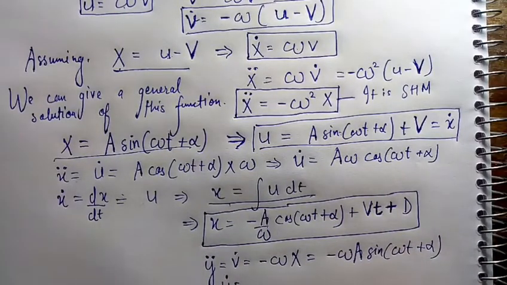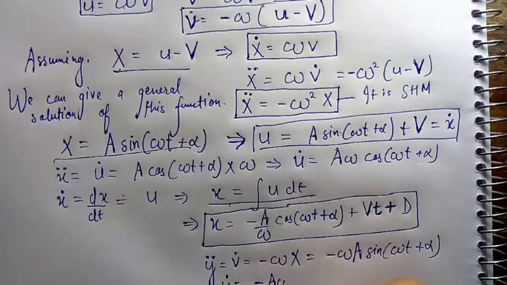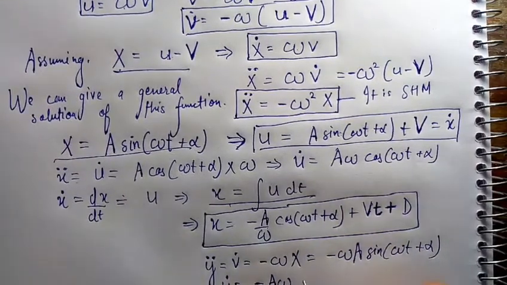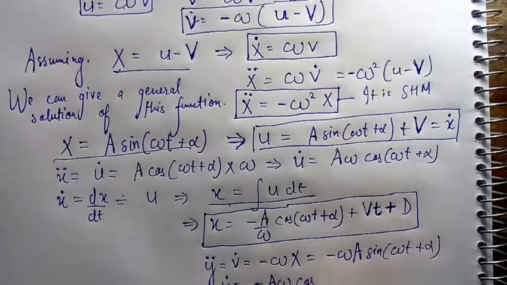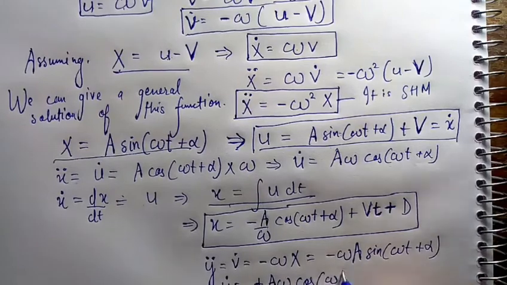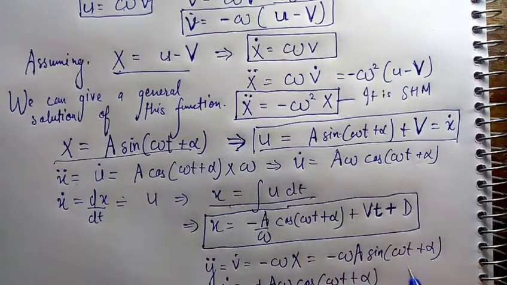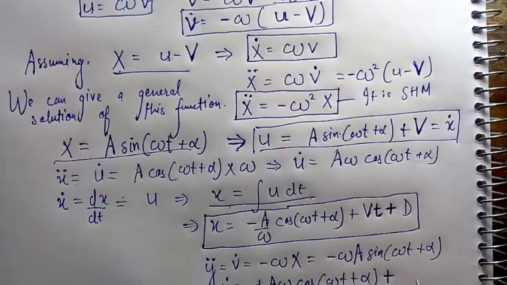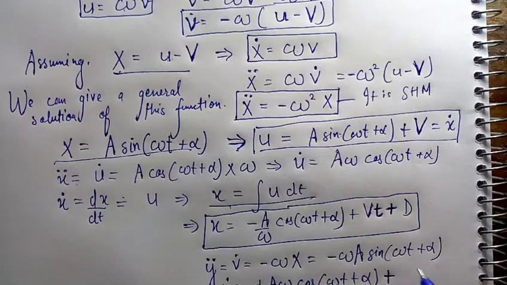Now what we are going to do is to differentiate all these. So a omega upon omega, minus times minus gets plus, omega t plus alpha, and an arbitrary constant.